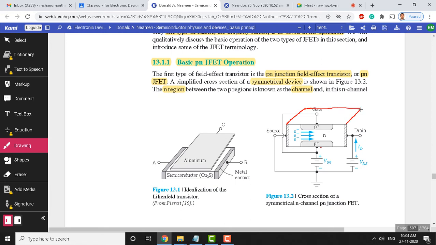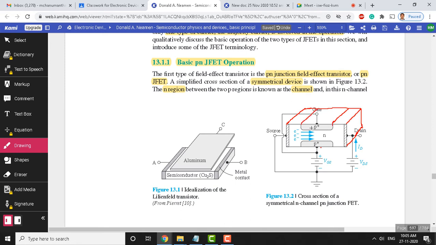This looks somewhat like this. This diagram is a cross sectional view, but you can even think of this from a 3D point of view also.